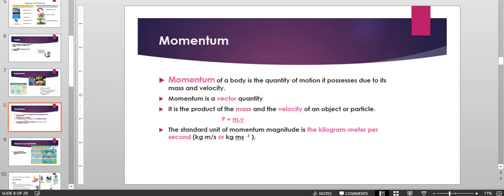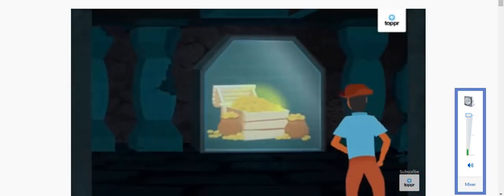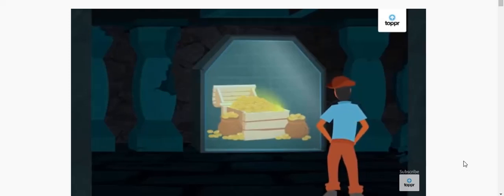So, dear students, let's understand this term, that is momentum, with a practical example. Imagine you are on a treasure hunt, and after months and months of searching, you have found the lost temple and can finally loot all of the treasure.